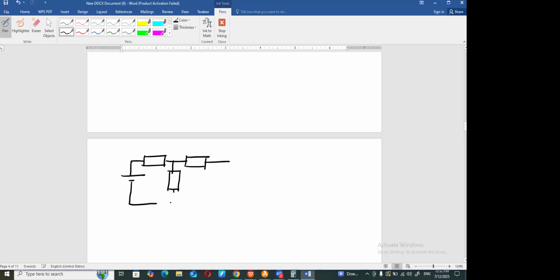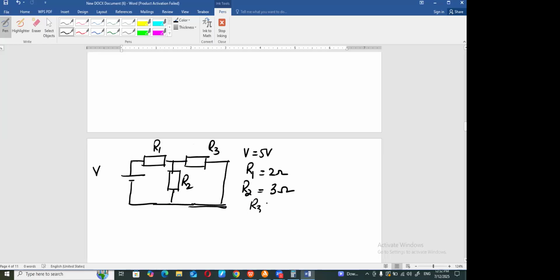I mean, what is series and parallel in that? R1, R2, R3, V. V is equal to 5 volts. R1 is equal to 2 ohms. R2 is equal to 3 ohms. And R3 is equal to 5 ohms.